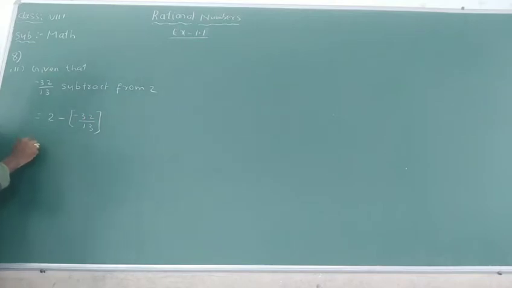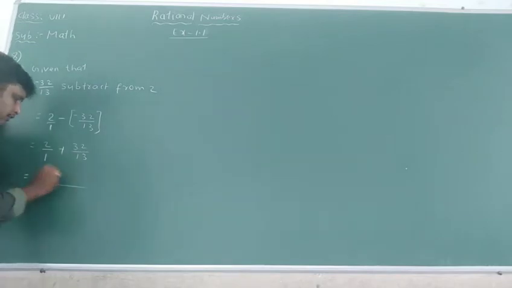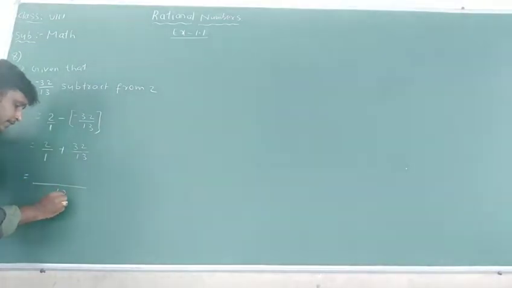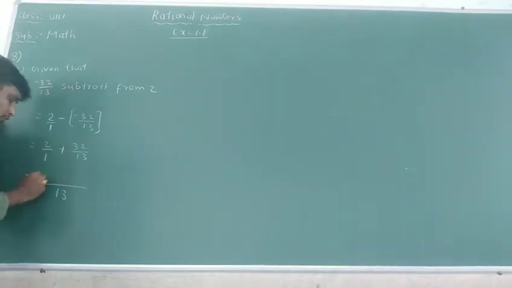So here we can take 2 by 1, and minus into minus will become plus, 32 by 13. Now for the addition, the LCM of 1 and 13 is 13, and 13 by 1 is 13, 13 into 2 is 26, plus 13 by 13 is 1, into 32.